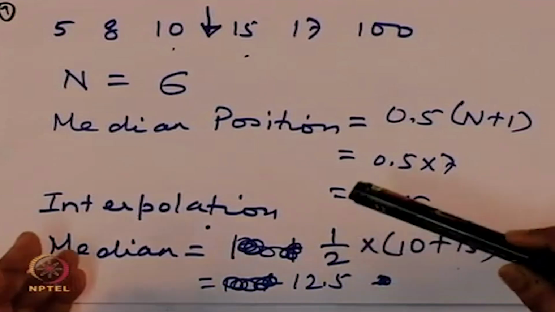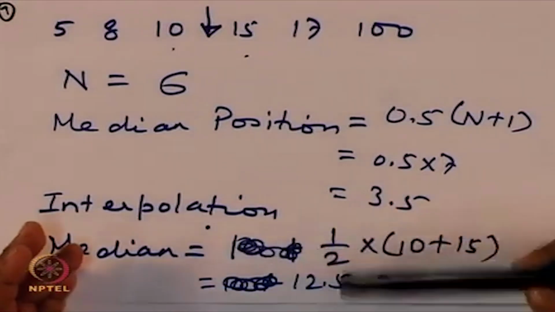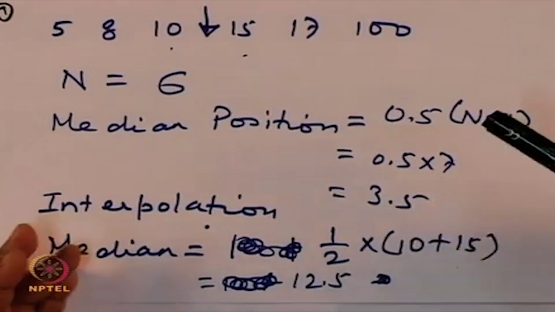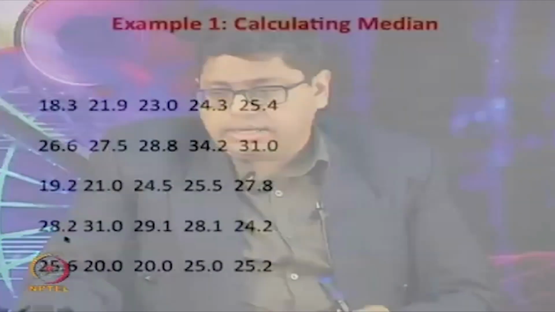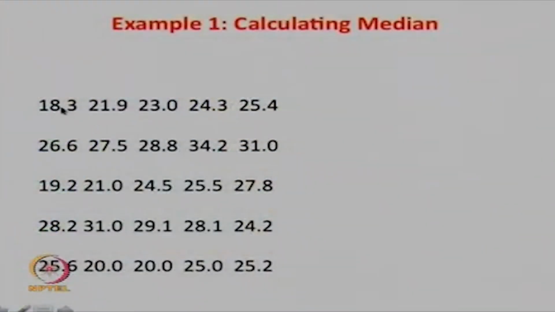The other advantage is that the median is of course much easier to calculate than the geometric mean. Let us solve another problem of calculating the median. Let us take the following data set again. I want to calculate the median, so first of all, how many numbers do I have?